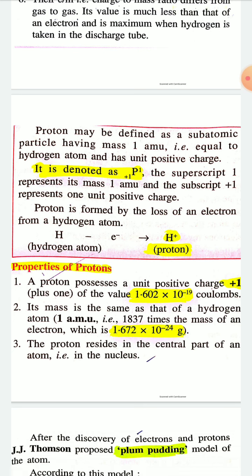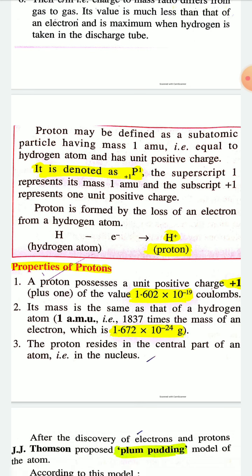When an electron is removed from a hydrogen atom, that is, a hydrogen atom contains one proton and one electron, if you remove the one electron it becomes only one single proton. So it becomes H plus, which is actually a proton, because H plus contains only one proton, no electron.